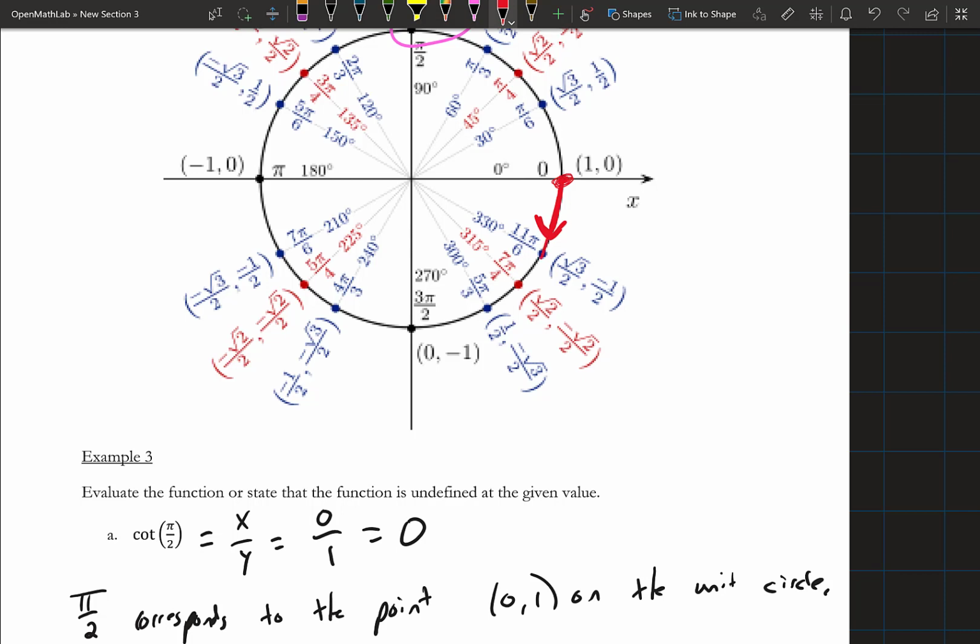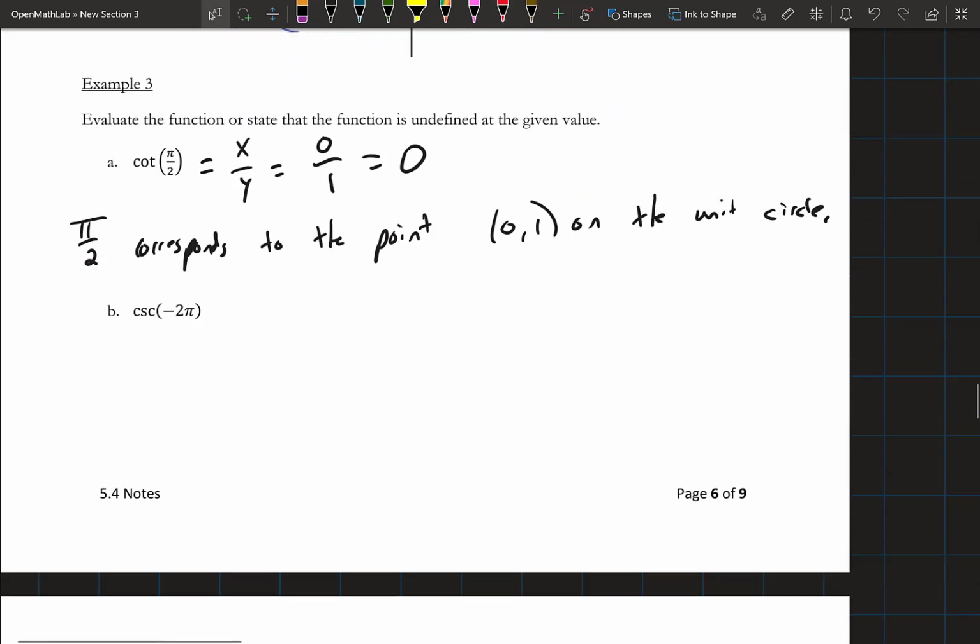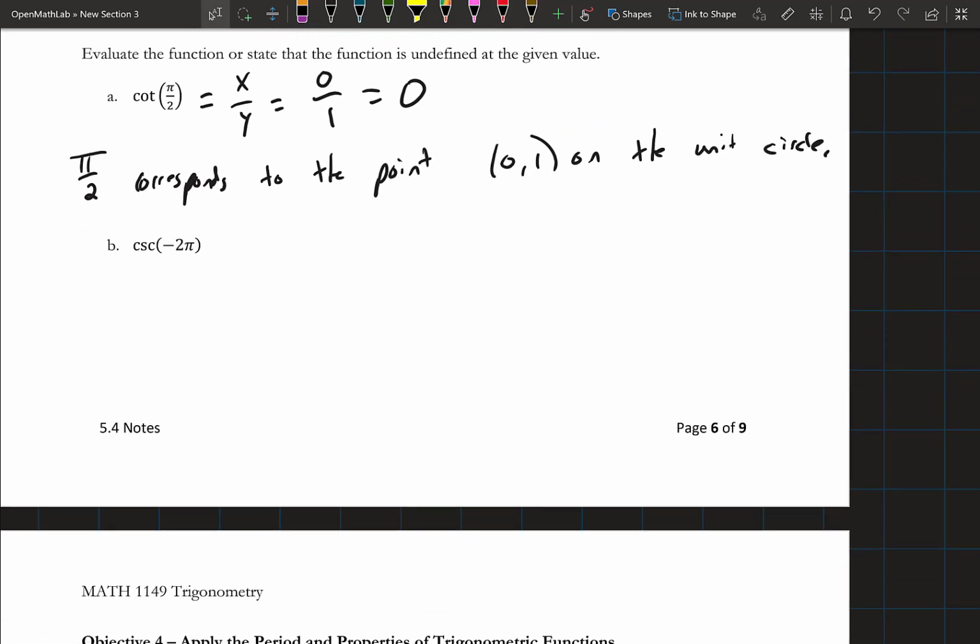We would do one full rotation, so we're going to end up landing back on the same point, 1, 0. So negative 2 pi corresponds to the point 1, 0 on the unit circle.